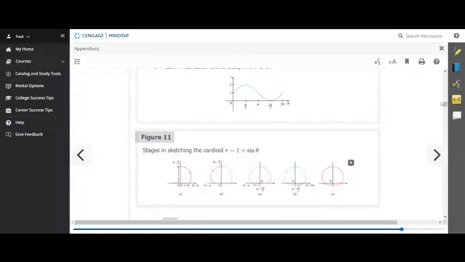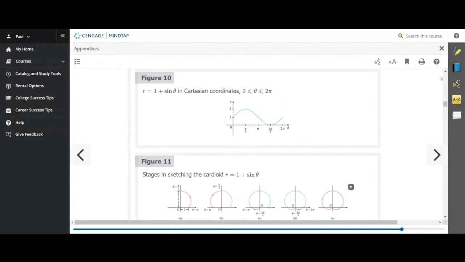So if you notice here, the graph r equals 1 plus sine theta is going to be what's called a cardioid. Okay, and so in figures 10 and 11, they draw r equals 1 plus sine theta like you learned in trigonometry.